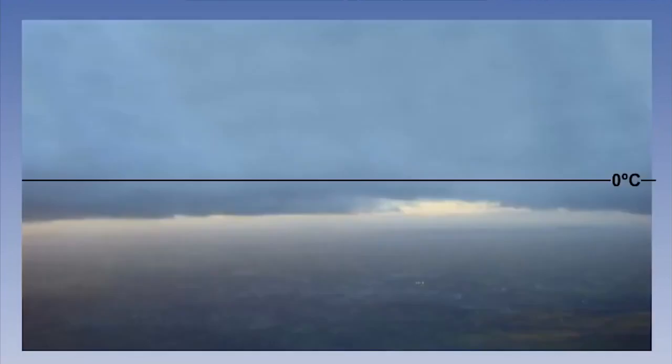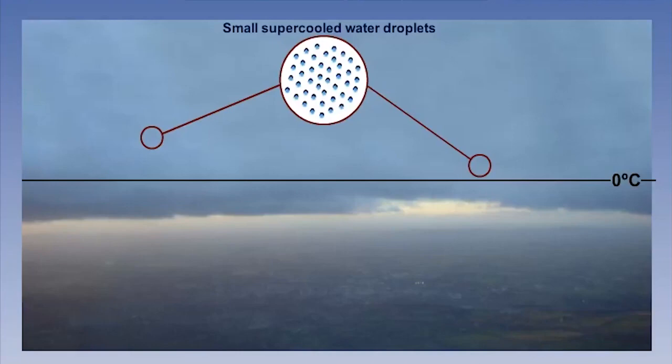In layered cloud, the icing risk is usually much lower, because of the lack of vertical support for the cloud and water droplets. Even if the temperatures were suitable for the formation of large supercooled water droplets, the cloud has little capability to support them, and even less capability of supporting large quantities of them.